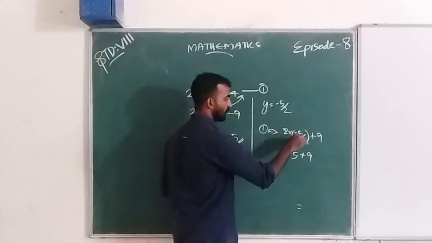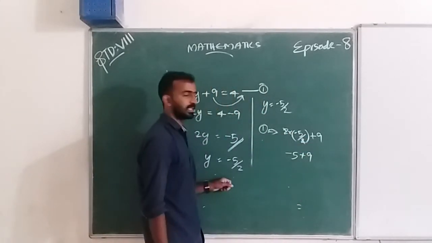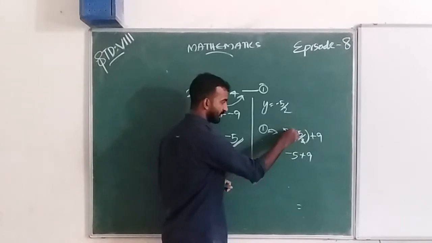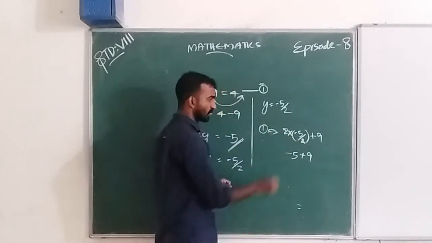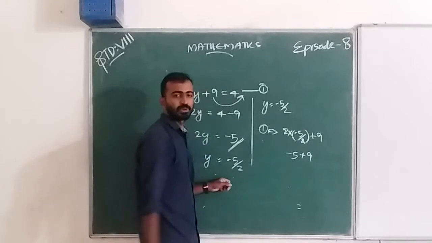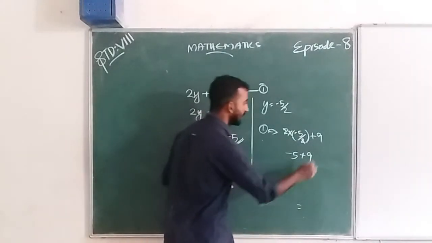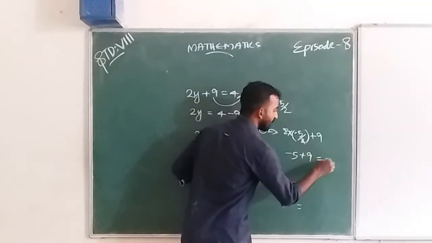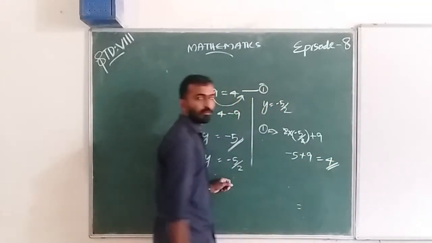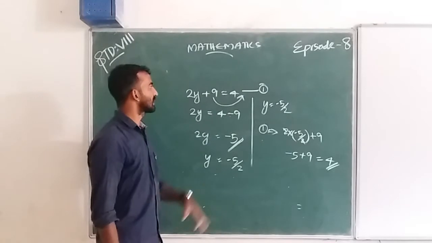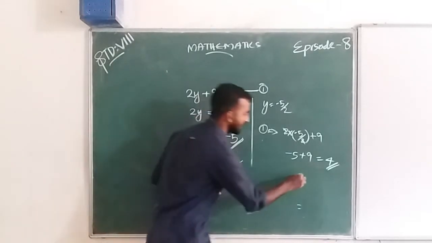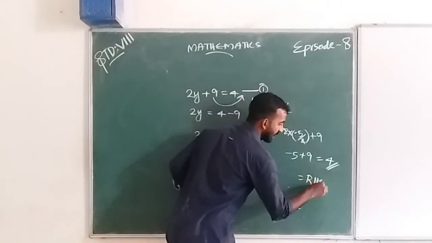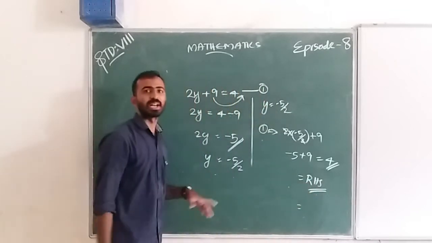Here the operation is multiplication, so I can cancel 2. Negative 5 plus 9, we get 4. Our RHS is also 4, that is, LHS equals RHS.